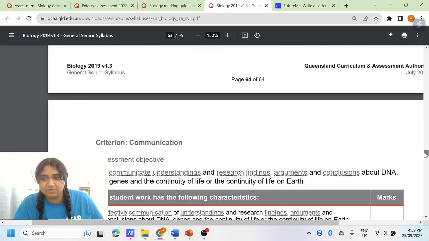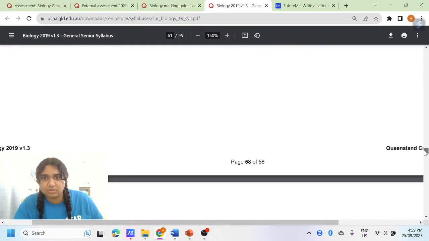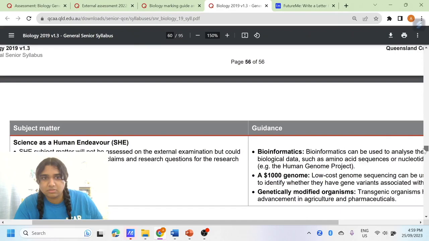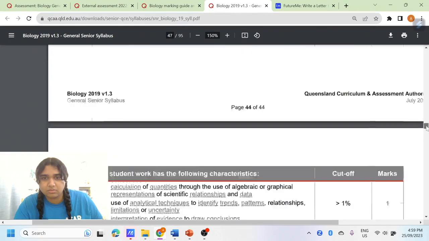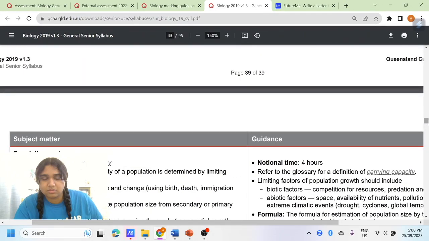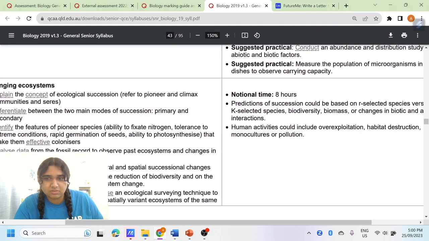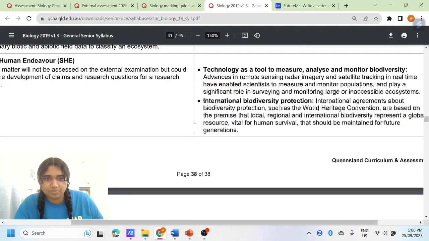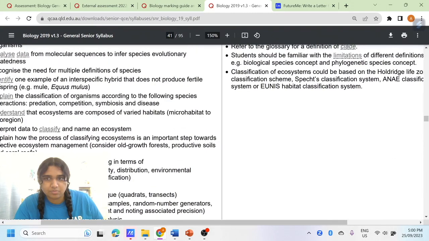If I scroll up to old growth forests, change in ecosystems, there we go.